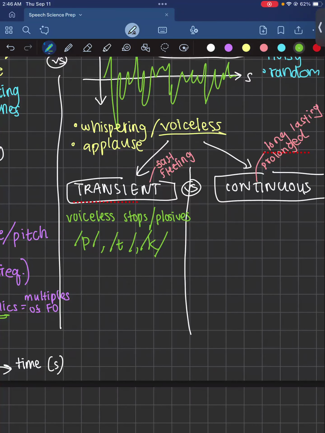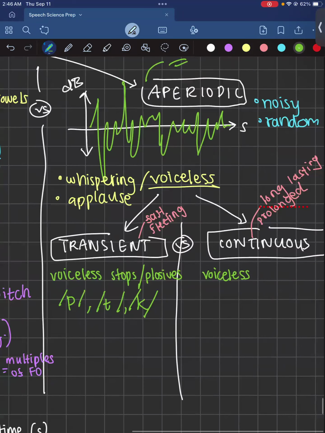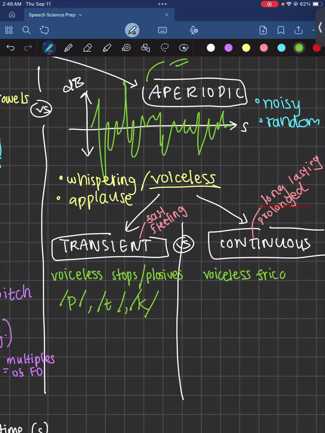Now, by contrast, with continuous sounds, for one, they are still voiceless because they're aperiodic, right? So that goes with the territory of aperiodic. But this will be more like fricatives, which again, you will learn more about these definitions when we dive into that part, but it'll be sounds like s, sh, or even though the sound's shorter, it's actually considered a fricative sound.